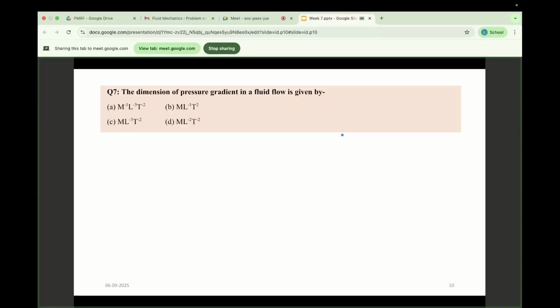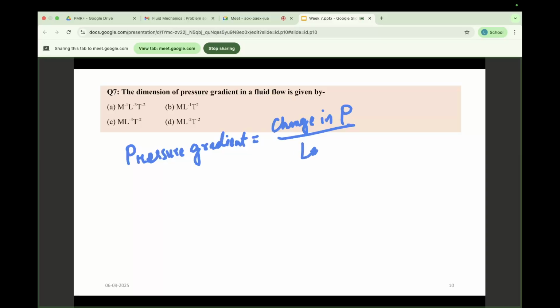So basically, the term here is the pressure gradient. What is pressure gradient? Pressure gradient means change in pressure per unit length. If I represent it as change in pressure by change in length, there is also change in length, right?